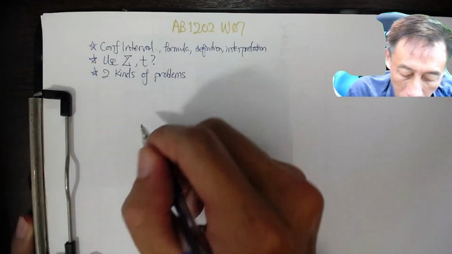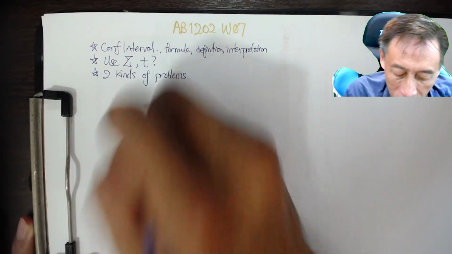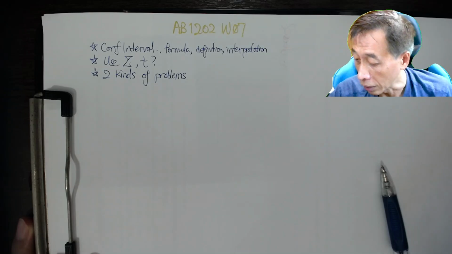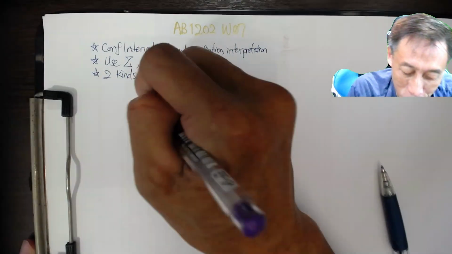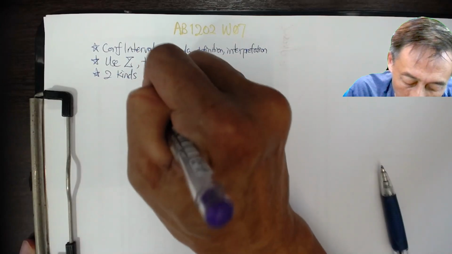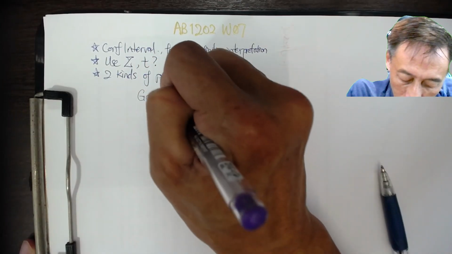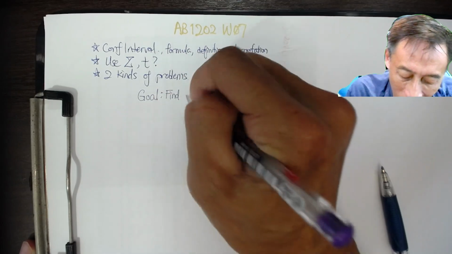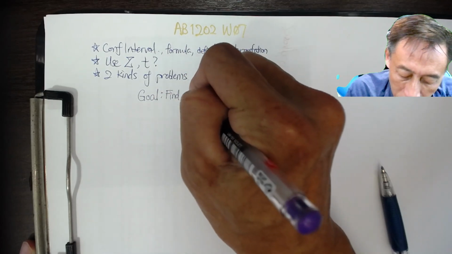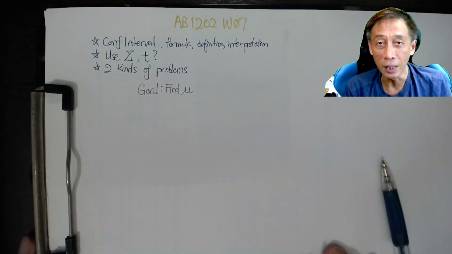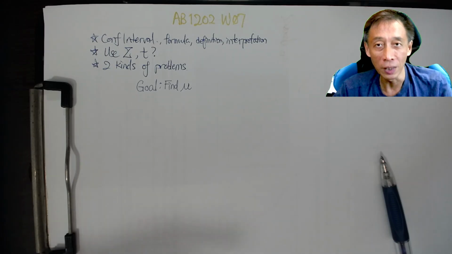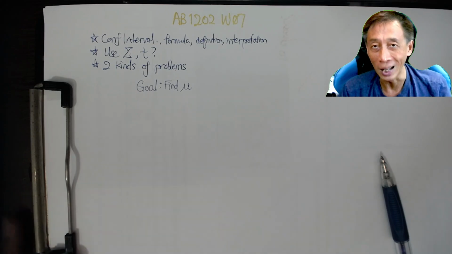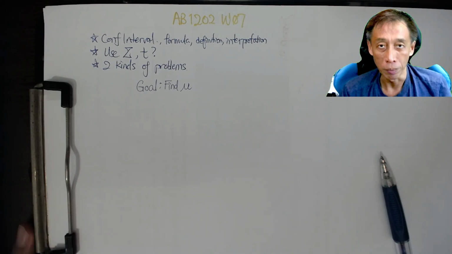So the main thing is you must first acknowledge that we want to find population mean, right? So the goal is to find or calculate or estimate population mean as accurately and as cheaply as possible. Ideally, we want to know to infinite number of decimal places very accurately the population mean value.